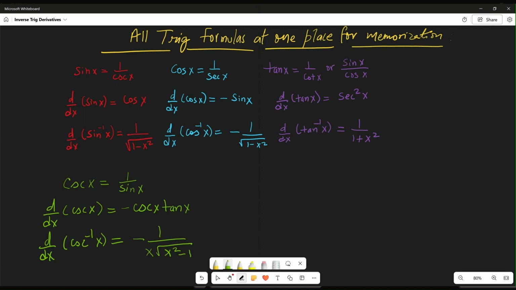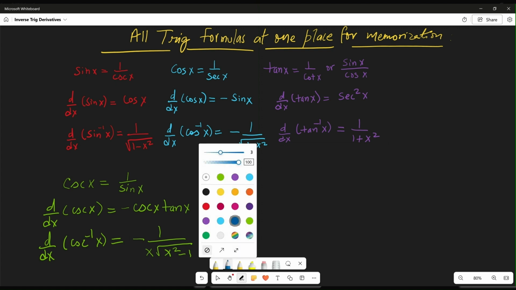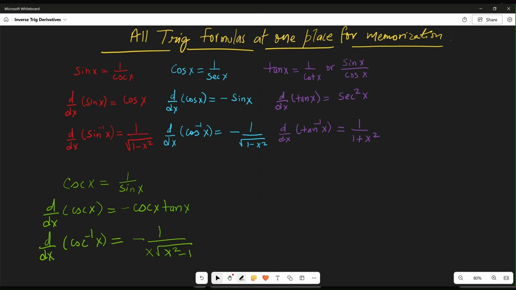Let's go to the next formula real quick. It's secant x. Secant x is 1 over cos x.